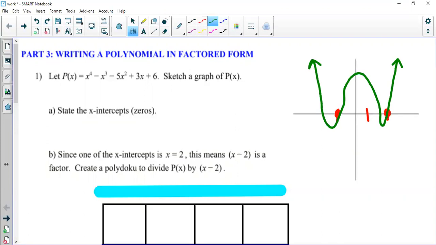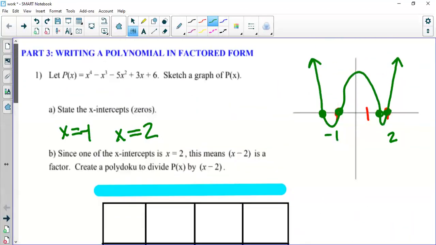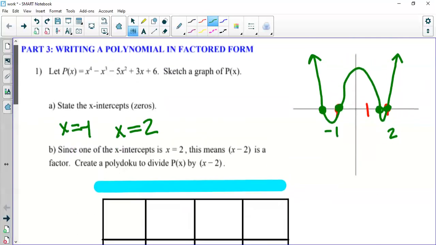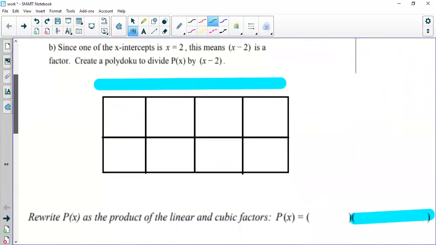So I really only care about this x scale so that I can see where your intercepts are. So we've got one guy here, a mystery guy here, one guy here, and another mystery here. So our x-intercepts, the ones that we know for sure, are going to be x equals -1 and x equals 2. And there are 2 more, but we don't necessarily need those at this point.